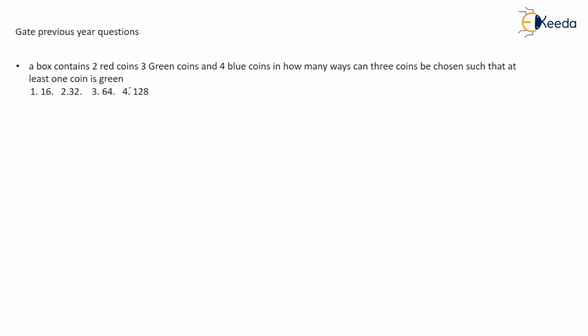So here is the next question in front of us. A box contains 2 red, 3 green and 4 blue balls. In how many ways can 3 balls be chosen such that at least one is green? Okay, so what is the total? 2 plus 3 is 5, 5 plus 4 is 9.